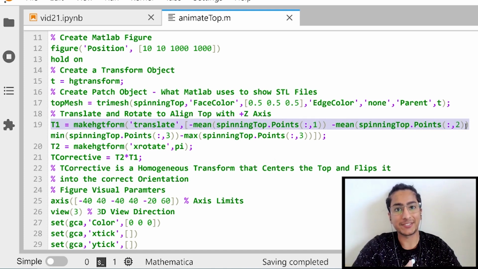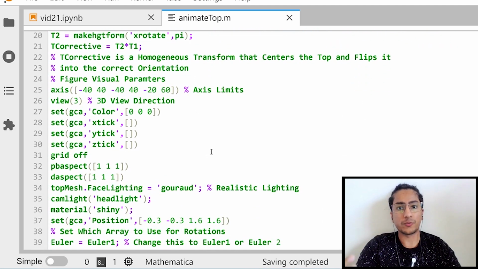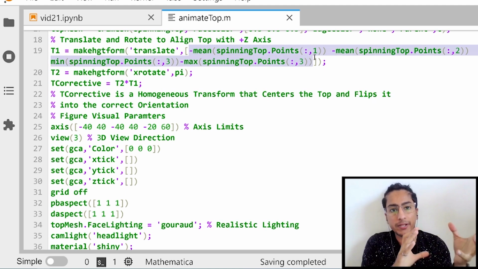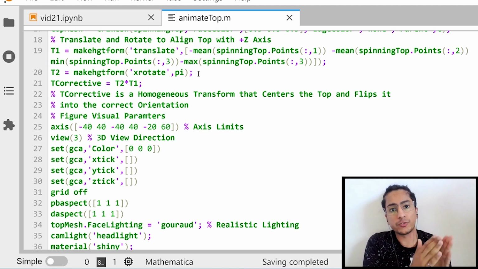They're rotation matrices with translations built into them, and they're pretty commonly used in things like robotics. So we can use Matlab to generate these homogeneous transforms by telling it, I want to translate my 3D model to this location and rotate it by this amount. It creates a matrix that you can multiply into those coordinates to transform them into new coordinates.